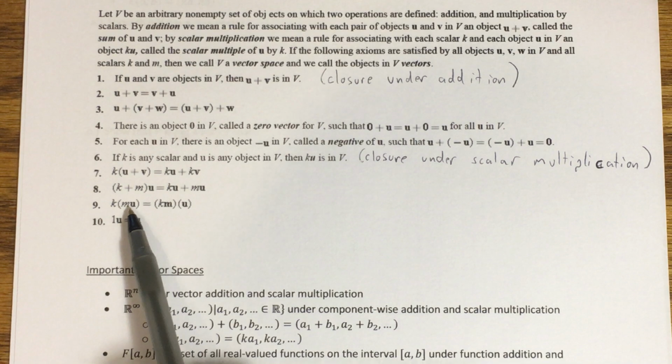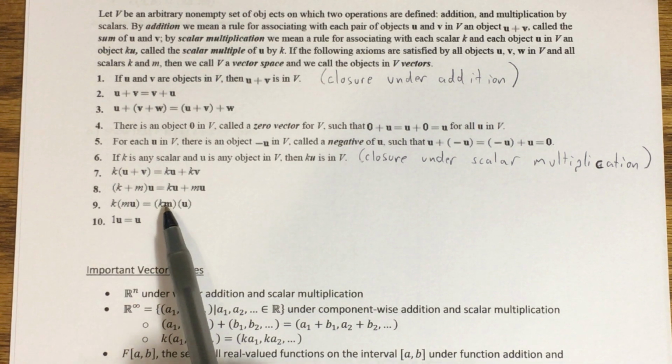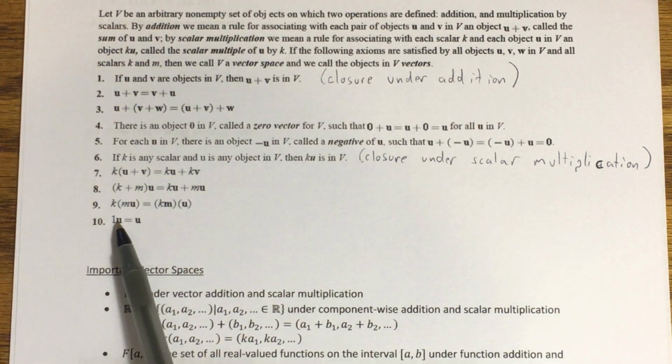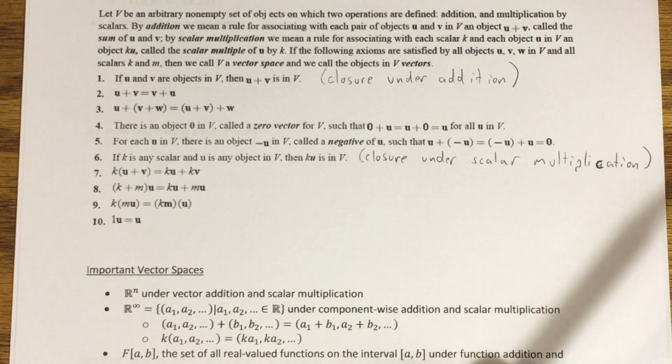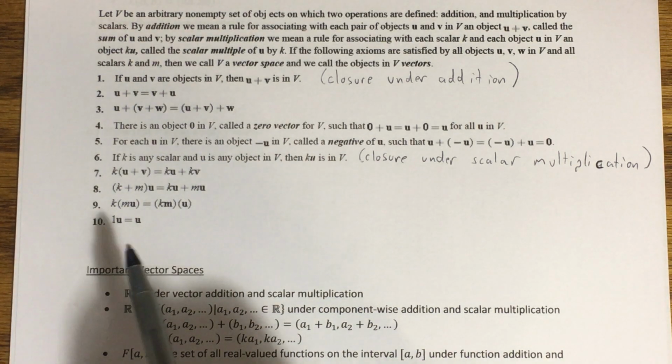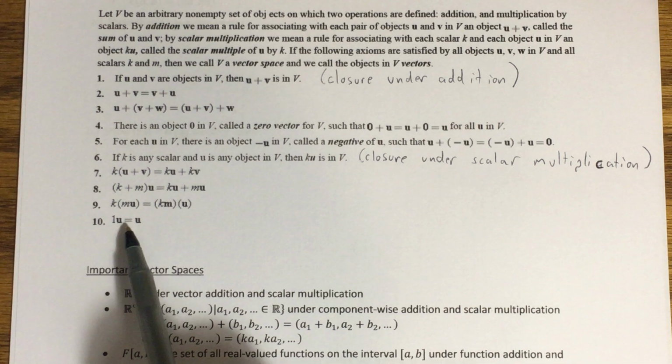And what this says is if I have a scalar k times a scalar multiple of u, so I would do mu first, I get the same result as if I just multiplied the 2 scalars together first and then multiplied that to u. Then finally, this last axiom says that multiplying by a scalar, specifically the scalar 1, should act like multiplying by 1 in the real numbers. So in other words, multiplying any vector by the scalar 1 should leave me with that vector.